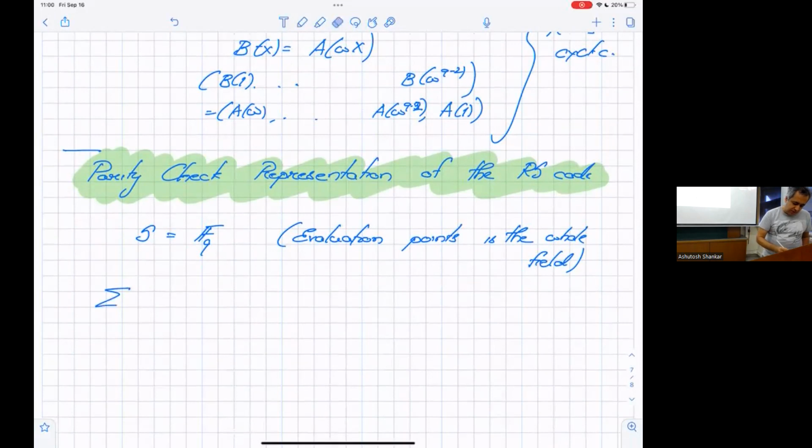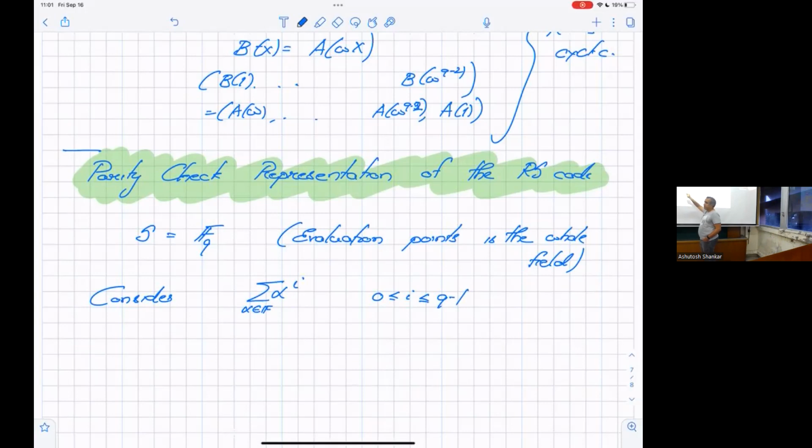We're going to study this simple one: consider the sum of alpha to the power i, where alpha is in the field and i is some number between 0 and q minus 1. Notice it doesn't ever make sense to go larger than q minus 1, because then I can come back to only look at these cases. I want to look at what the sum looks like.